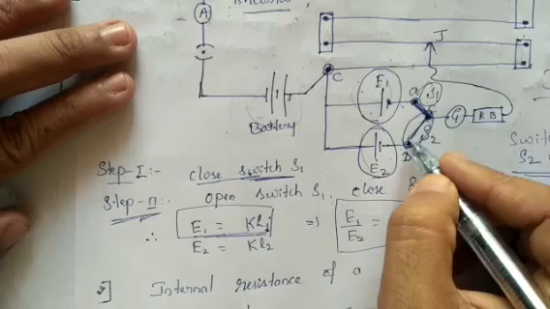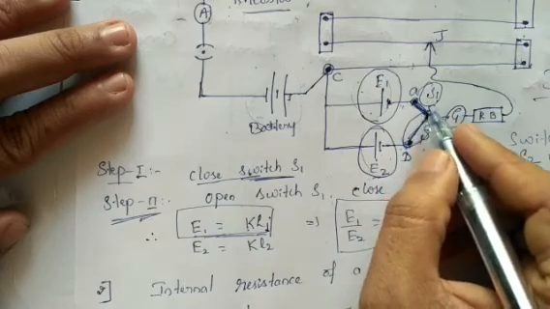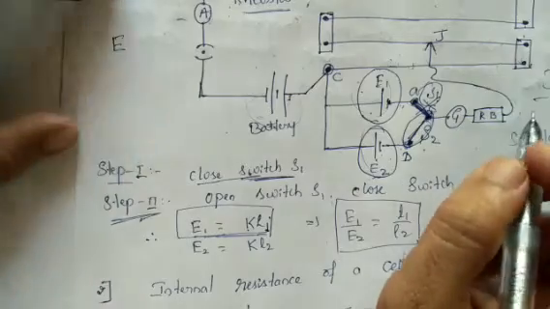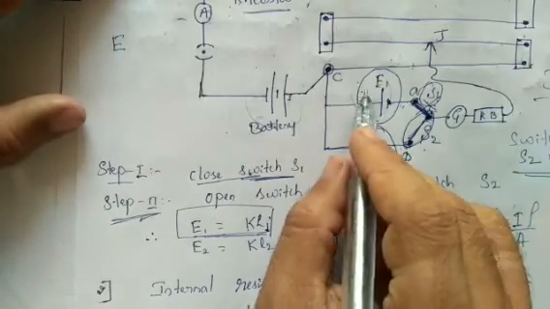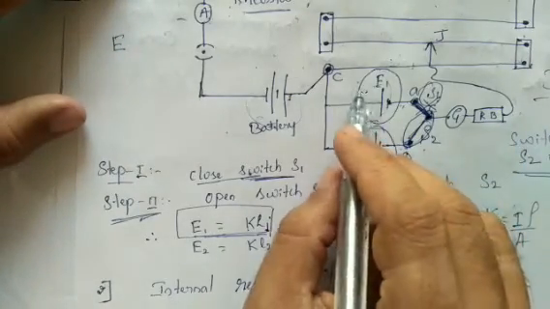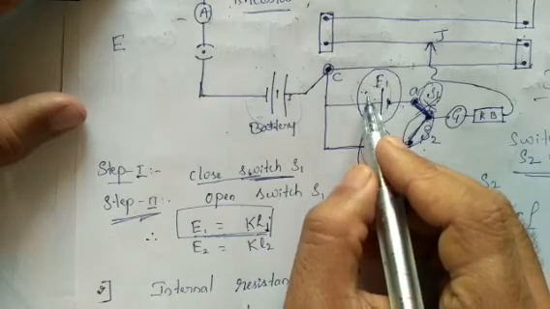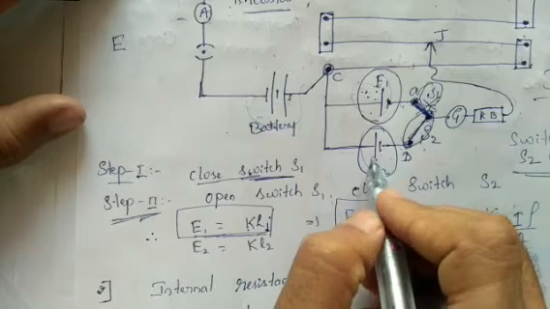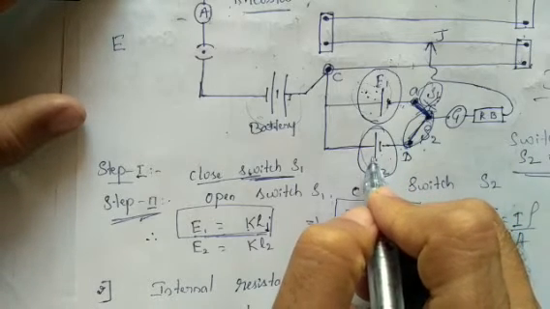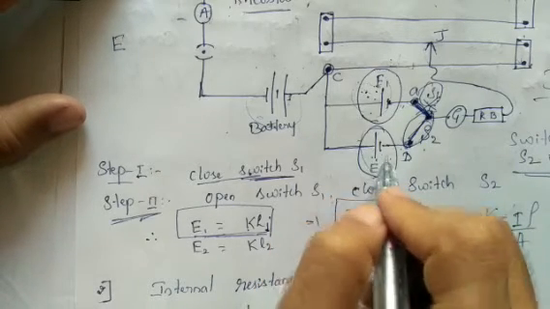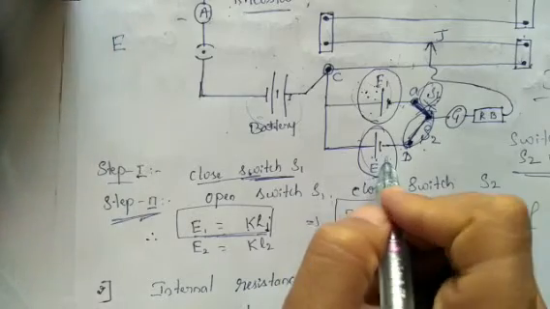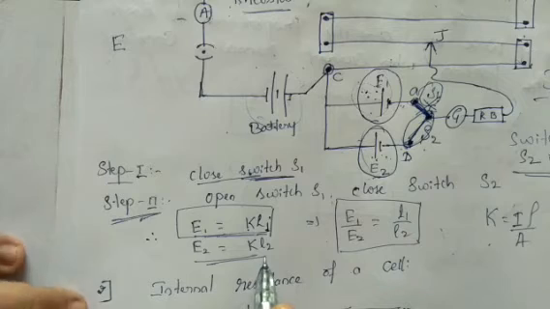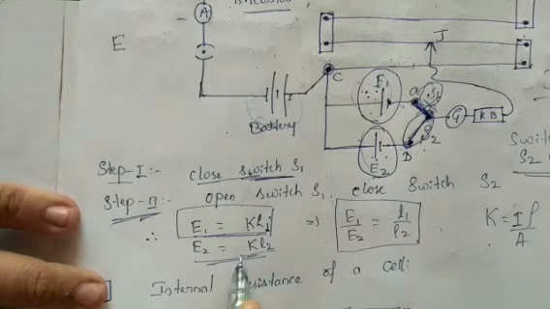Now this switch is closed, and the other becomes open. E1, which was active, now becomes inactive, whereas the second cell, which was inactive, becomes active. So we observe E2 = K × L2.